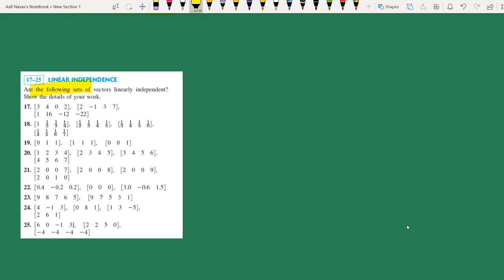Are the following sets of vectors linearly independent? Show the detail. The first problem is (3, 4, 0, 2), (2, 1, 3, 7), (16, -12, -22). So this is the solution to problem 17.